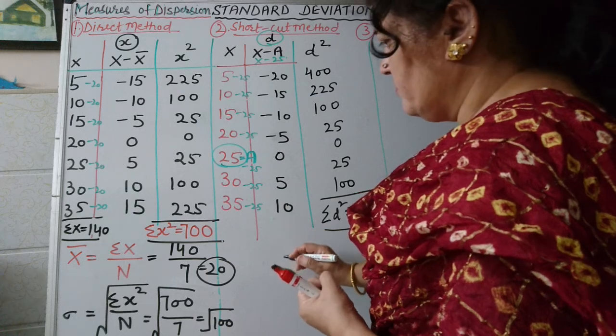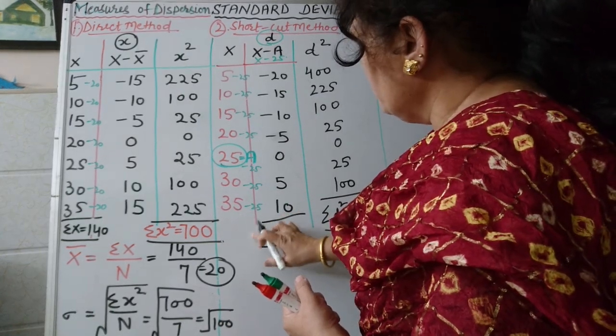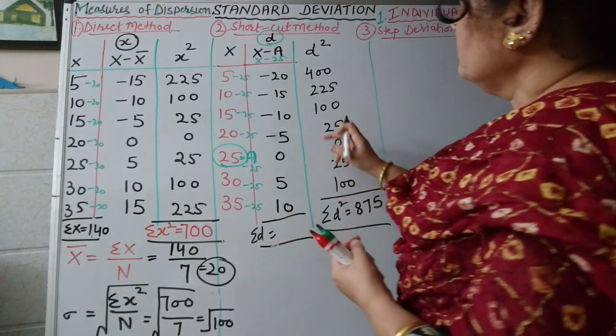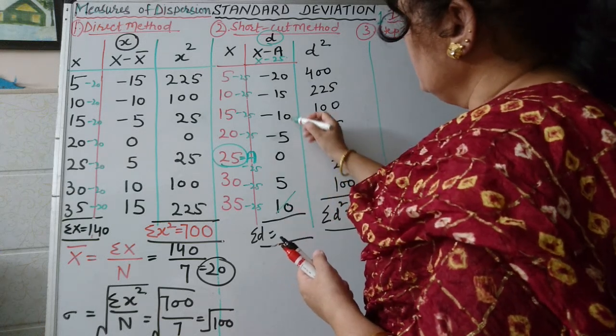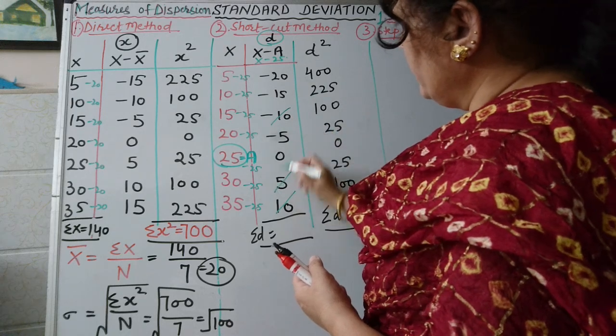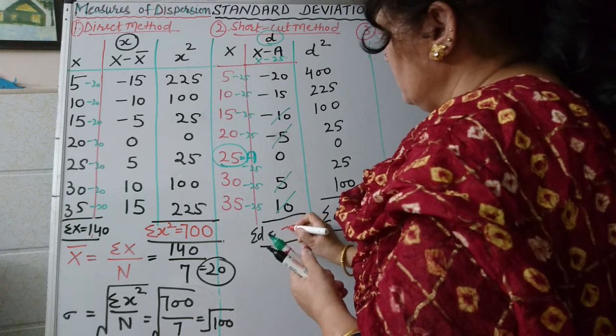And let us calculate the value of sigma d also. Summation d is equal to minus 20 plus 10, minus 15 plus 5, minus 10 plus 10, minus 5 plus 5. So the remaining value is minus 35.